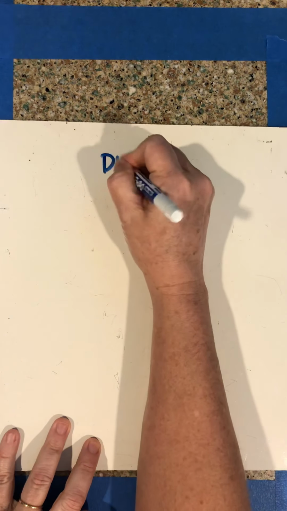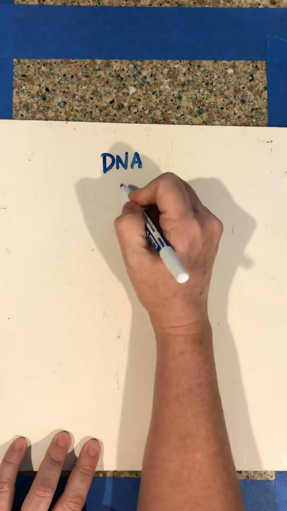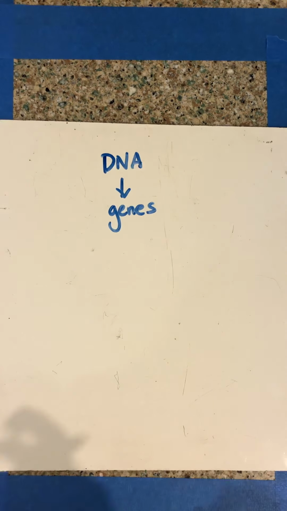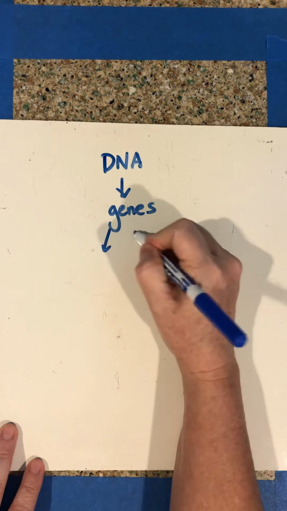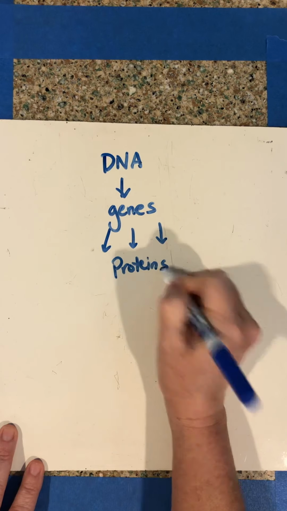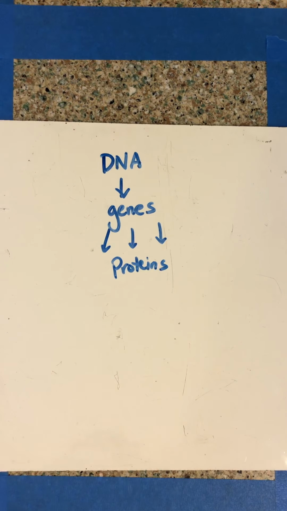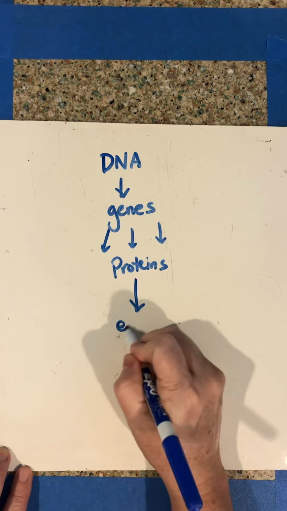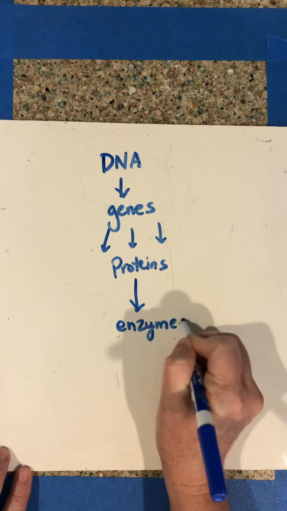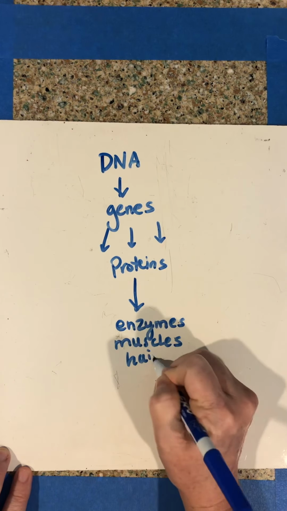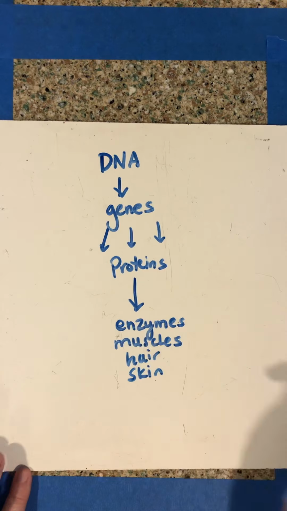So in your DNA, you have segments of your DNA called genes. And genes code for a couple of different proteins depending on the way it's edited. And then those proteins are what make you. So those can be enzymes, muscles, hair, skin.